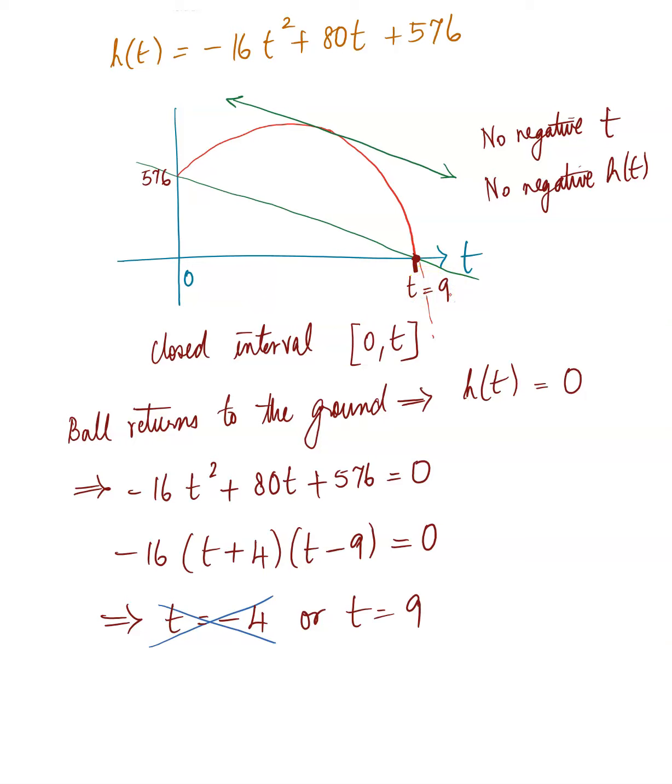So then our given function is negative 16t squared plus 80t plus 576 over the closed interval 0 to 9.